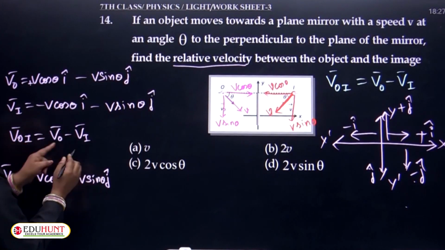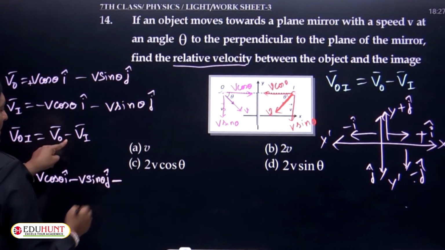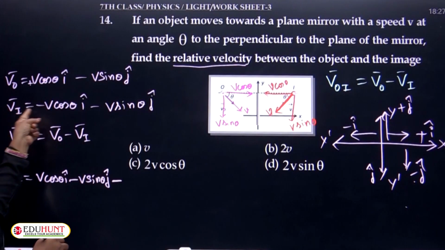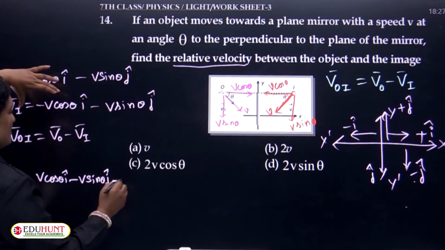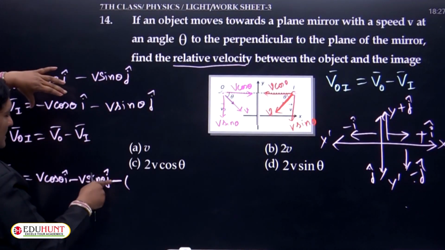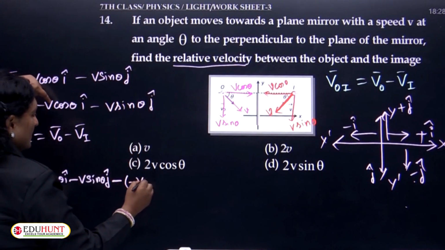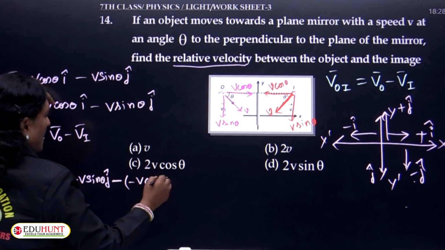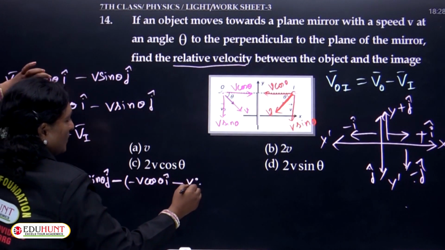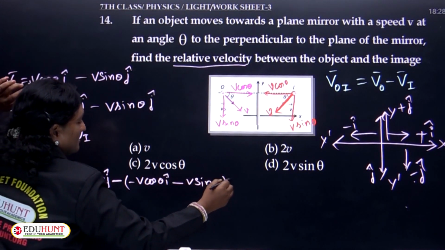This portion is clear. Now focus on the minus. Coming to VI, after the minus I will keep a bracket and write the VI value: minus v cos theta I cap minus v sin theta j cap.